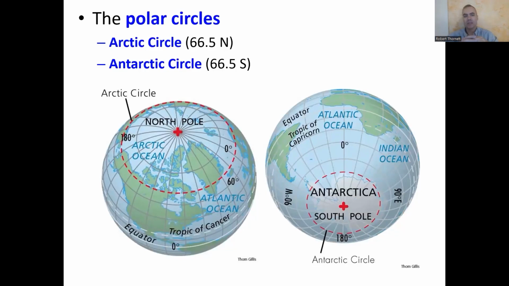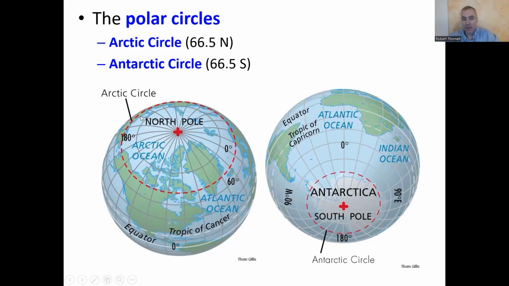So last but not least, let's look at some special situations that happen when you get very, very far away from the direct rays, very far from the subsolar point. You're talking about extremely indirect rays up there inside the polar circle, 66.5 north, and then below 66.5 south.